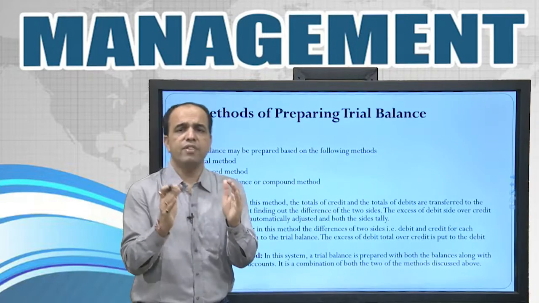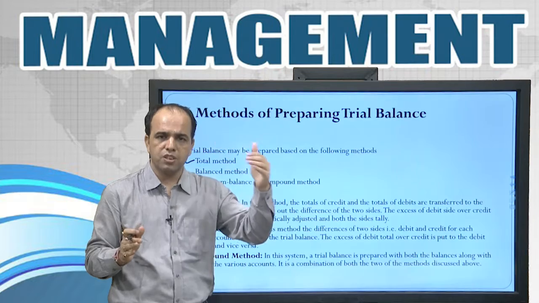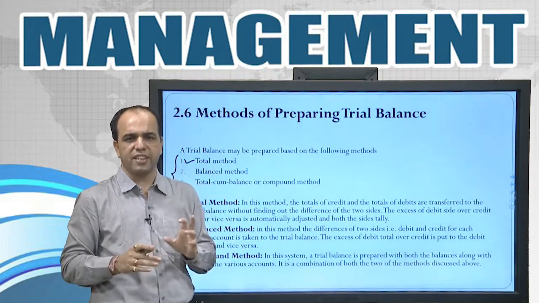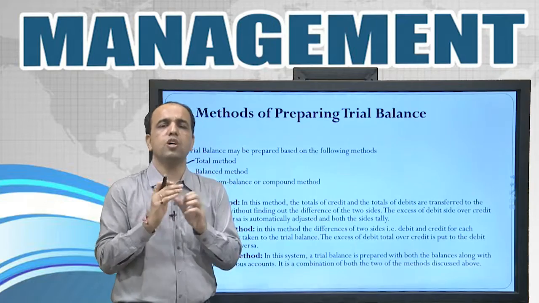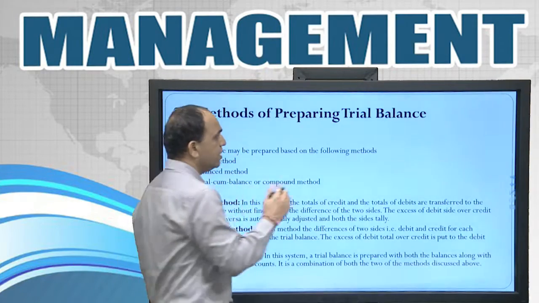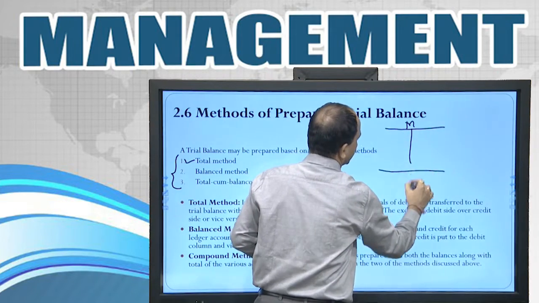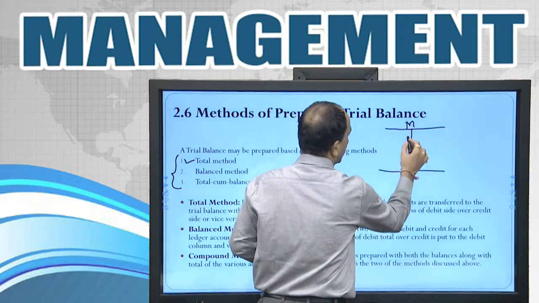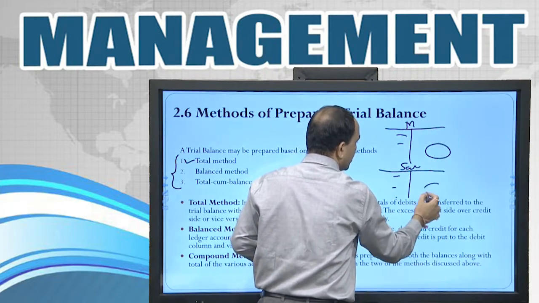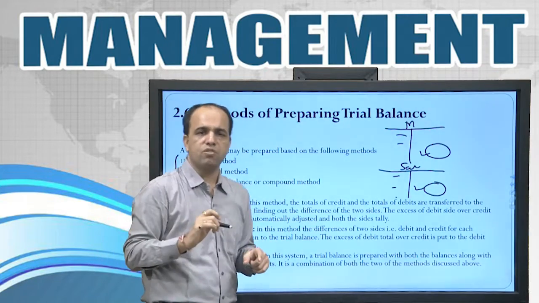It means, friends, we have various ledger accounts. Suppose capital account, machinery account, furniture account, salary account, wages account, etc. Generally in a trial balance, we find out the balancing figure of each account. Suppose we have two accounts, one is machinery account, the other is salary account. Generally we find out the balancing figure, and ultimately this balancing figure is transferred to the trial balance.